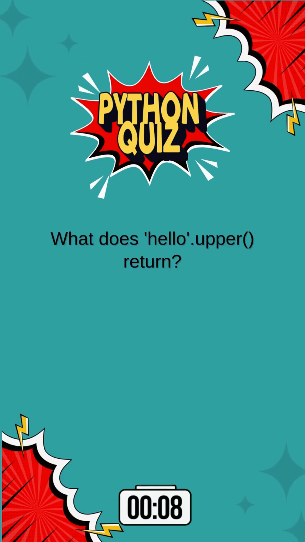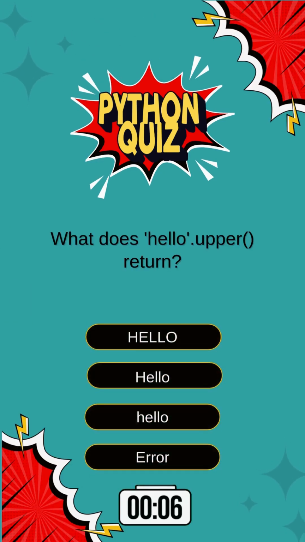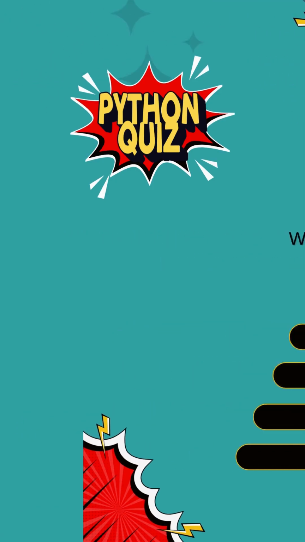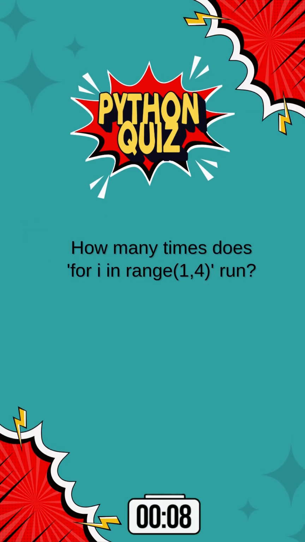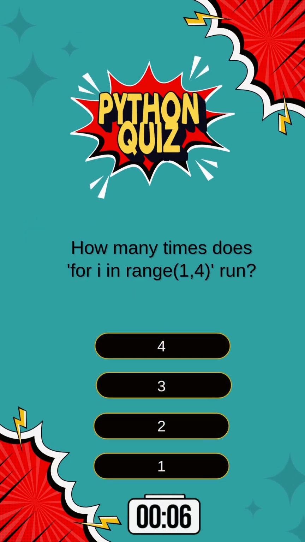What does hello.upper() return? Ready for the next question. How many times does for i in range(1, 4) run?